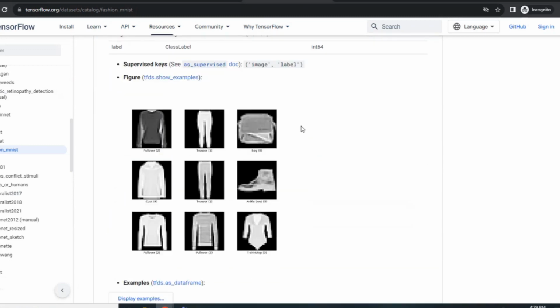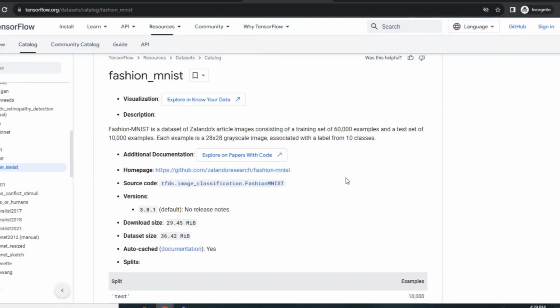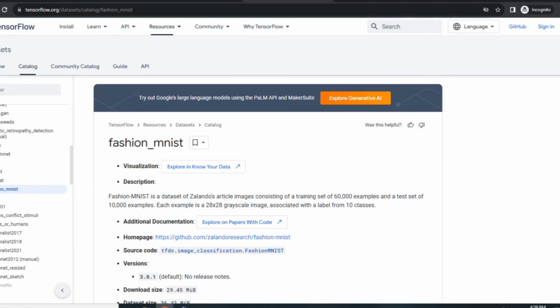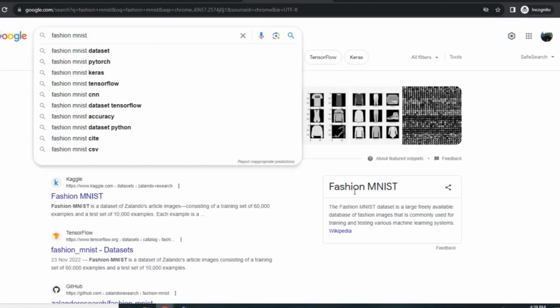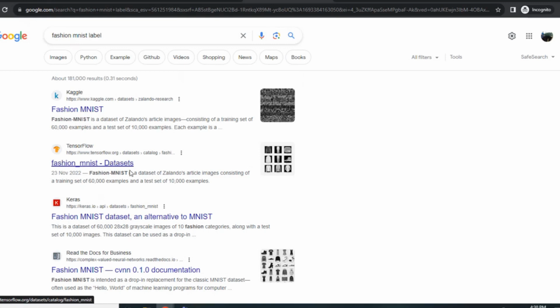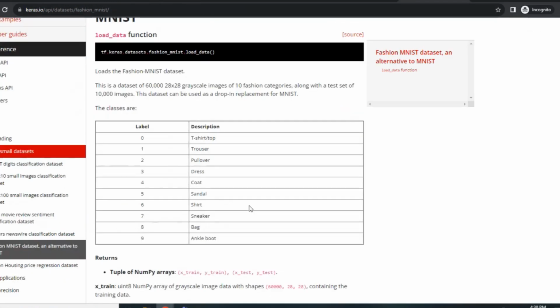Okay, so again, it's about clothing, pictures available inside the data set, and this data set is labeled. It is available in Keras.